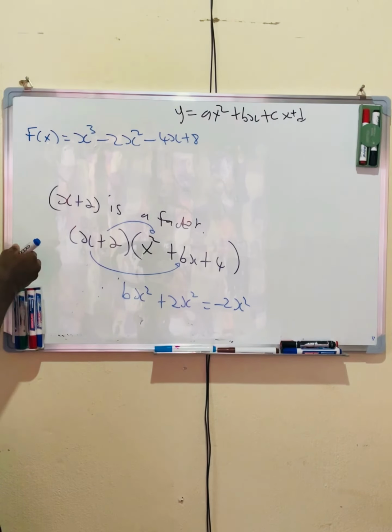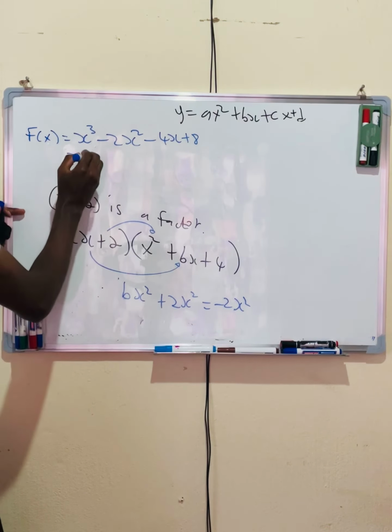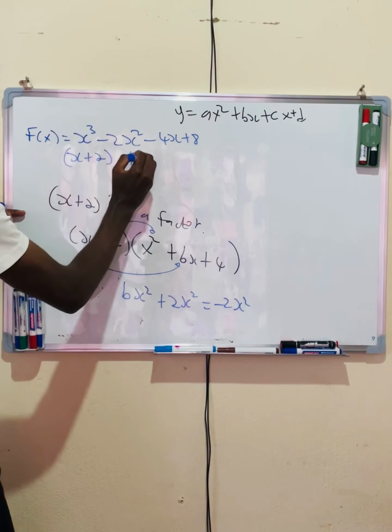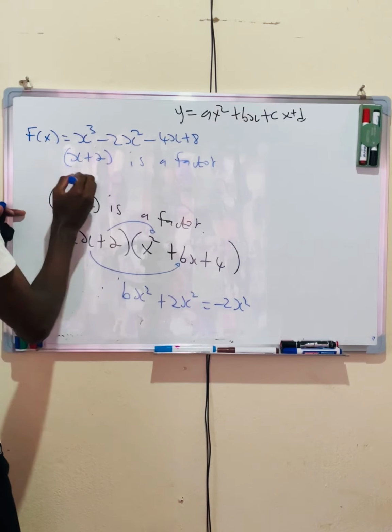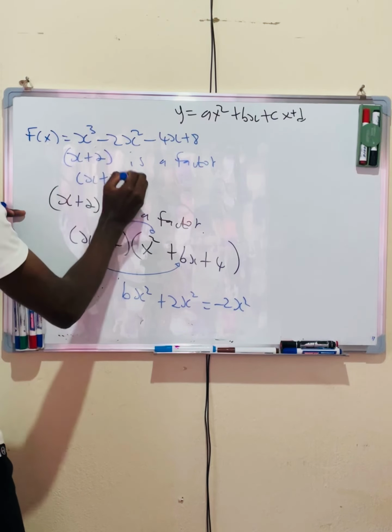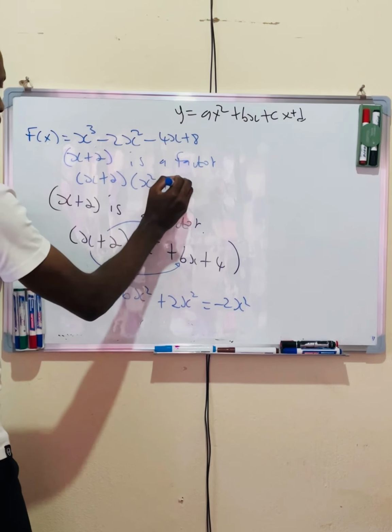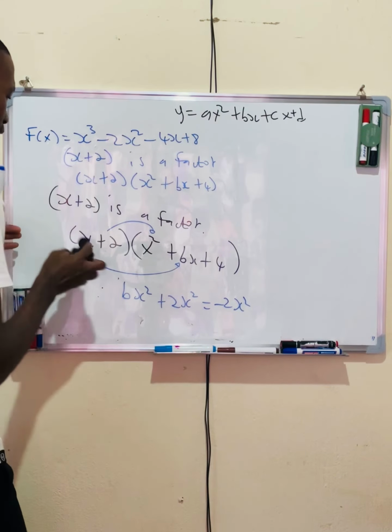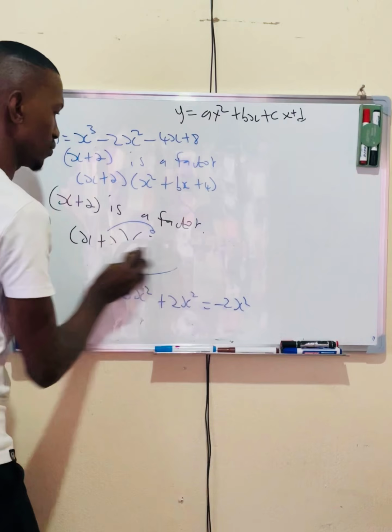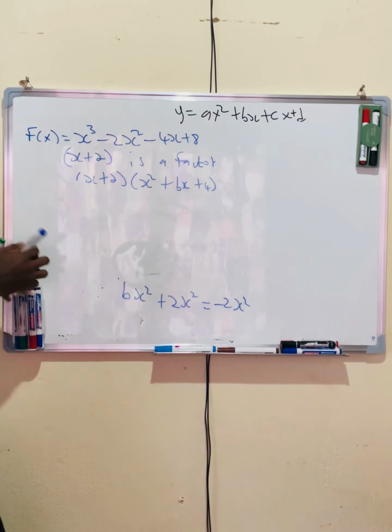Okay, I can just write this one here, x plus 2. I said it's a factor. And then I can show you x plus 2, x squared plus bx plus 4, so that I can have enough space. Now check.